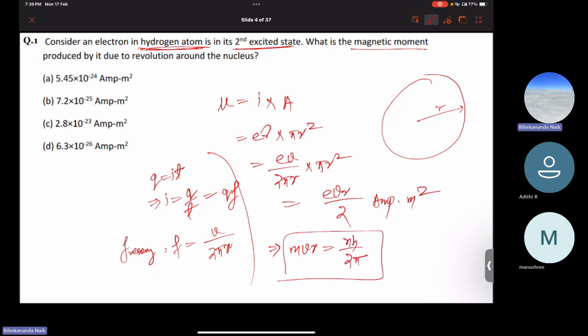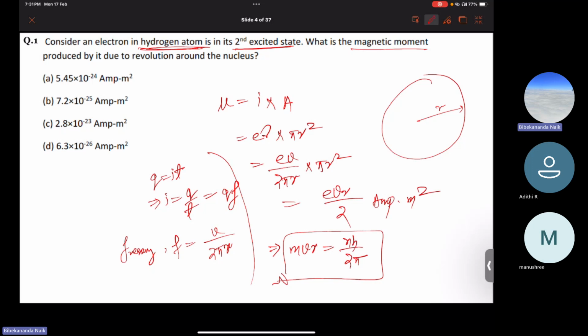So why are we using this formula here? Because the information we have is only related to the motion of the electron in a certain orbit. We don't have any information related to the orbitals like L, what is the value of L and all.